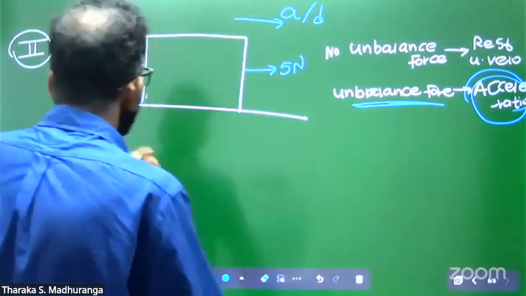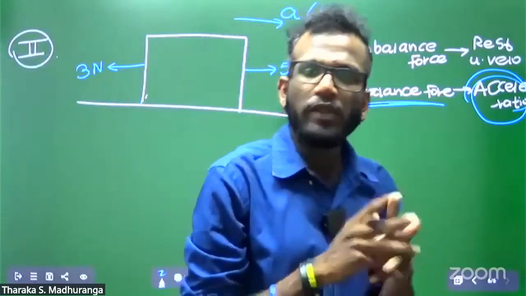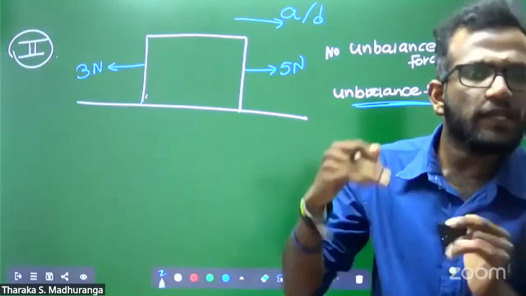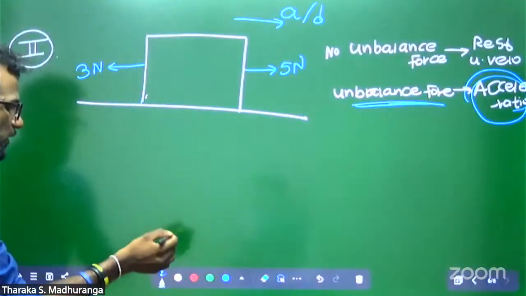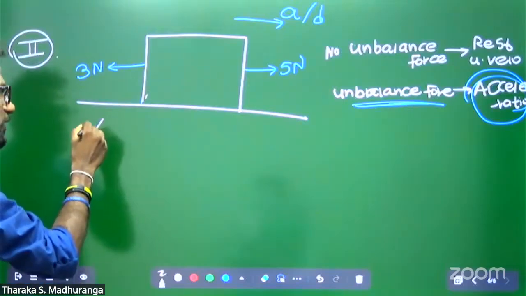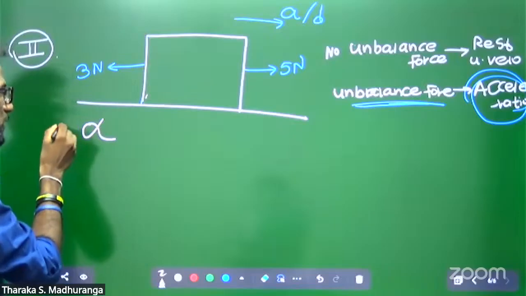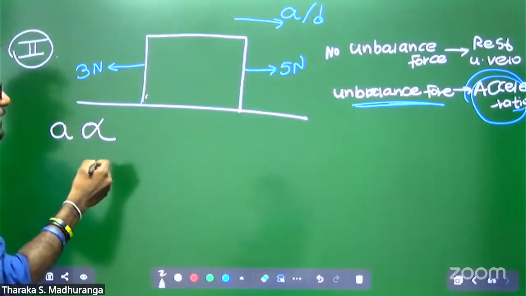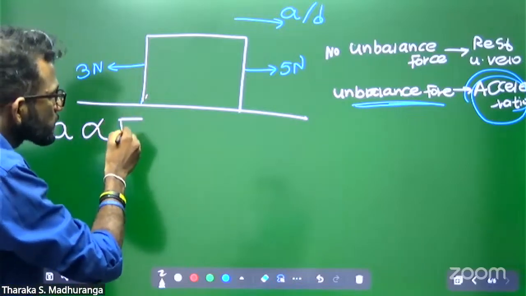Newton's second law is, if an unbalanced force acts on any object, it is exactly accelerating. Then this acceleration, understand, simply A, acceleration is directly proportional to the external force.